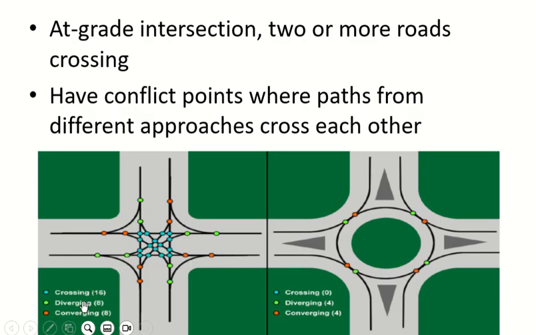And then we have the converging ones, where vehicles are coming from different directions and converging into one direction. So you see the orange one here. So a vehicle taking a right turn and a vehicle going straight from west. So they are converging here.